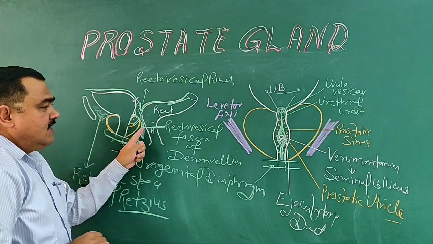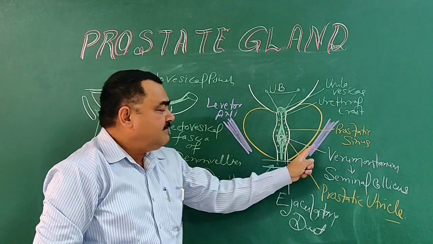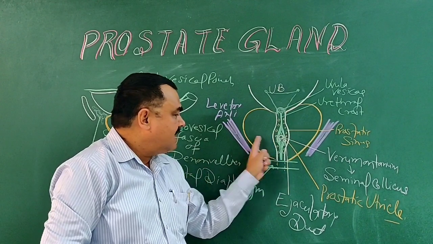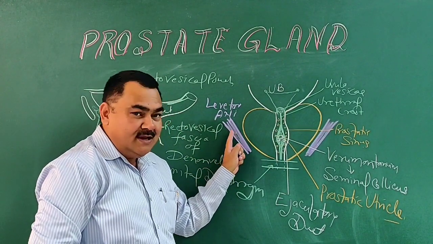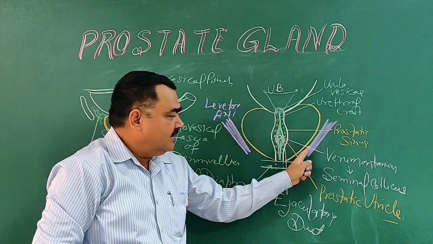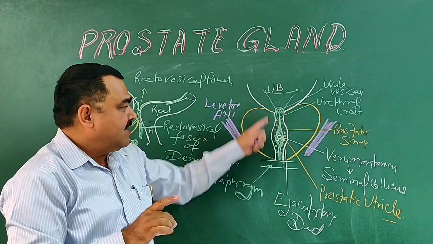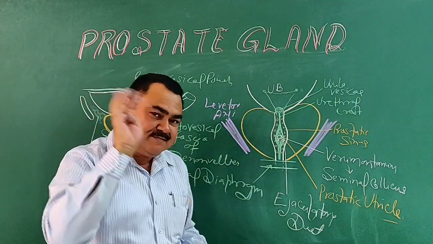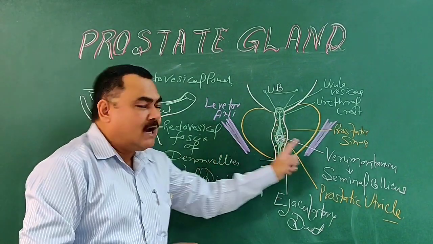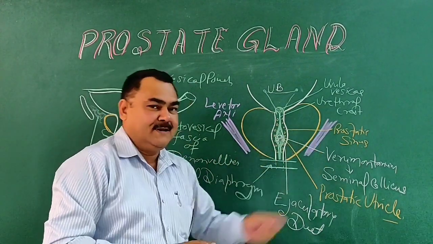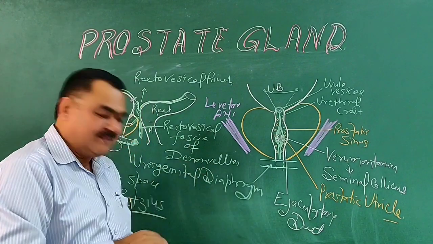It has two inferolateral surfaces, right and left, which are related to the levator ani. So it has an apex, a base, and four surfaces: anterior, posterior, and two inferolateral. You have seen the relations of all four surfaces.